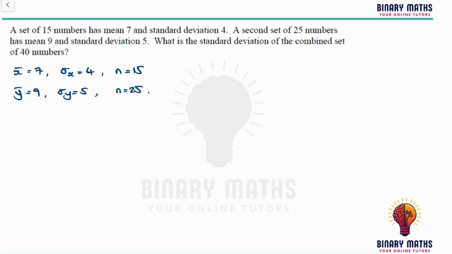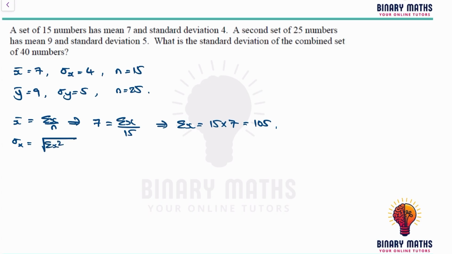Okay, so we need to combine these together. First of all, the mean x bar is equal to sum of x over n, which means 7 must be equal to sum of x over 15, so sum of x must be equal to 15 times 7, which is 105. Now sigma of x is equal to the square root of sum of x squared over n minus x bar squared, so 4 is equal to the square root of sum of x squared over 15 minus 7 squared.